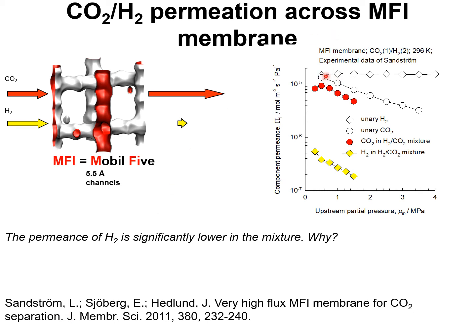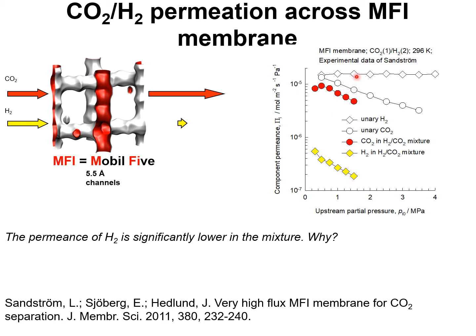They have measured unary permeances of hydrogen, shown by these diamond symbols, unary permeance of CO2, shown by the open circles, and permeances of CO2 hydrogen mixtures, shown by the filled symbols. The red circles are for CO2 permeance in mixtures of CO2 and hydrogen. The yellow diamonds are hydrogen permeances in the CO2 hydrogen mixtures.